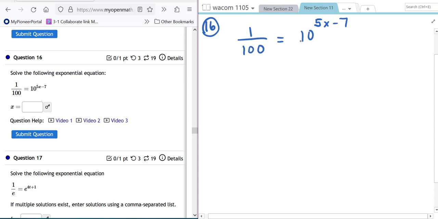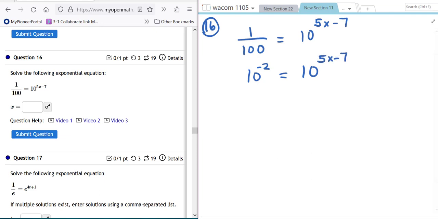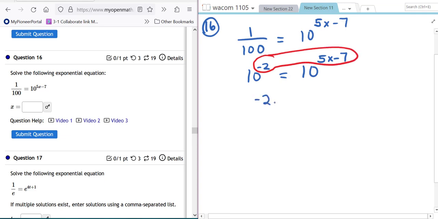And so our candidate would be 10. To write them in terms of 10, since this is in the denominator, and it is a power of 10, it's 10 squared. So this 1 over 100 would be 10 to the negative 2. Then you're good. Once your bases are the same, you set the exponents equal and you solve that equation.